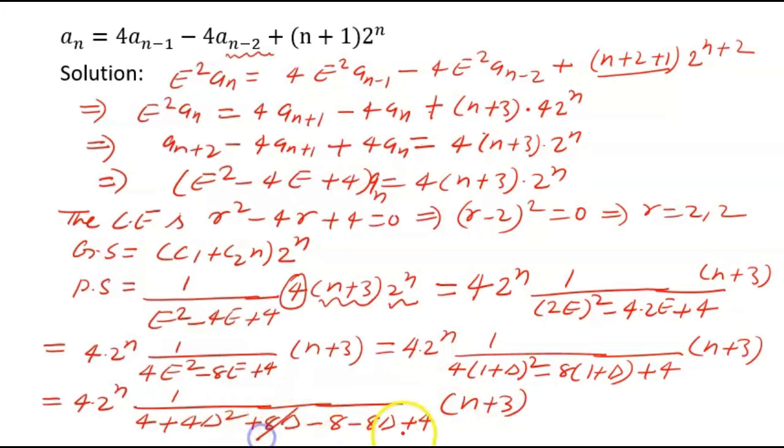So this 8 delta and minus 8 delta cancel. This 4 here and this 4, 8, and this minus 8 cancel. So we got a very good looking situation: 4 times 2 to the power n times 1 by 4 delta squared, and then we need to operate it on n plus 3.